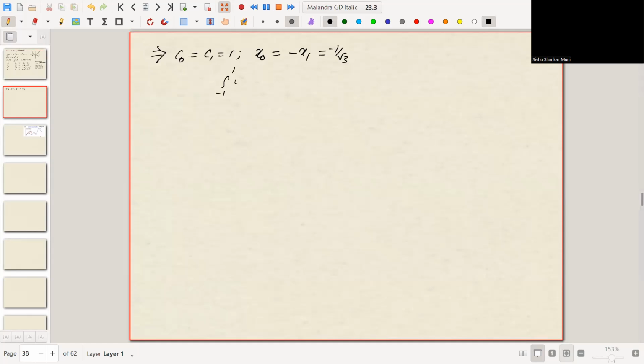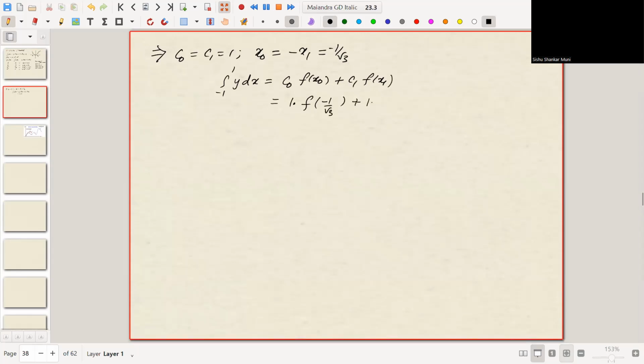So integral -1 to 1 y dx, if you have 2 points, this will be equal to f of -1 over root 3 plus c1 is 1 again, f of 1 over root 3. So you can check this. If you don't believe, you can check this for all of the 4 cases we have taken: 1, x, x square, x cube, whether this is the case or not.